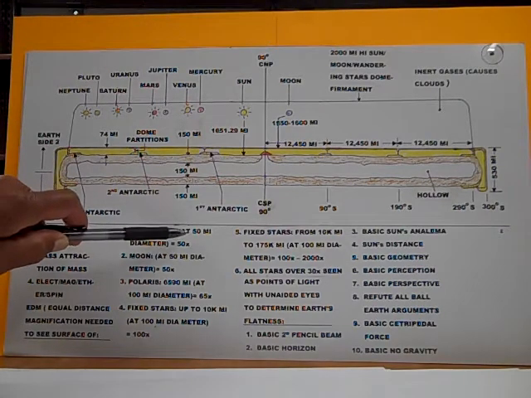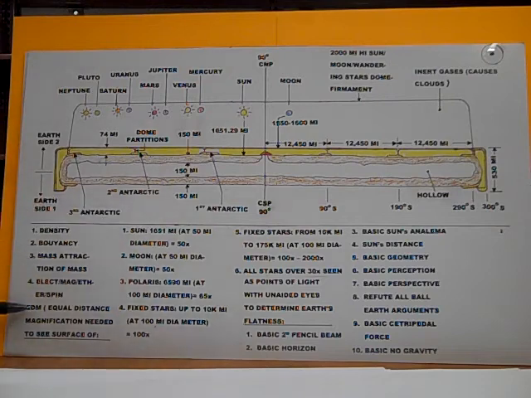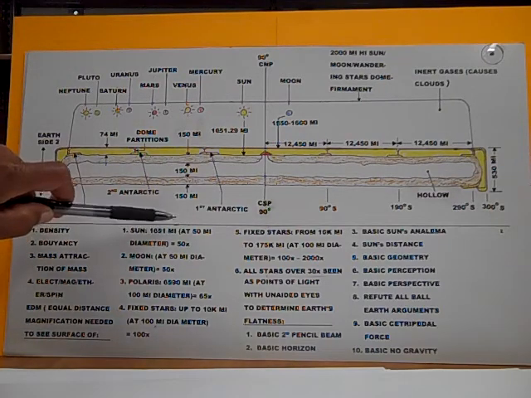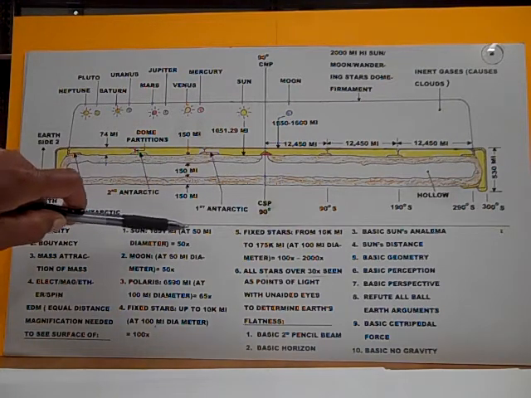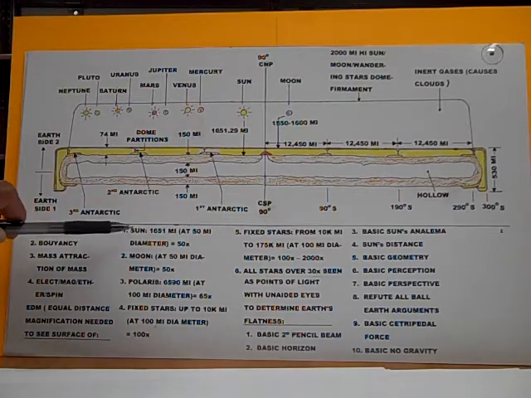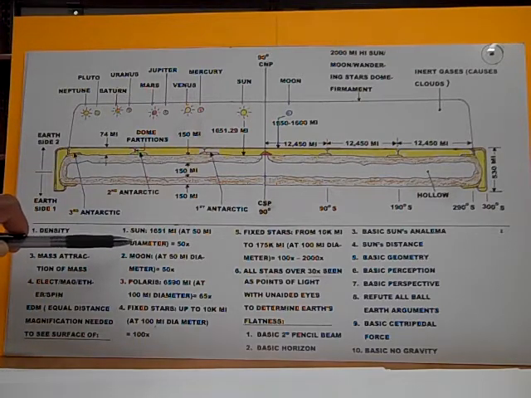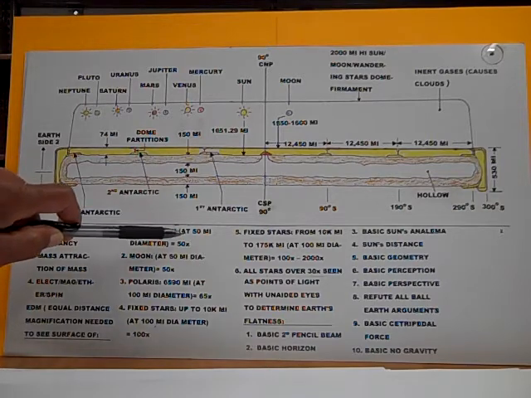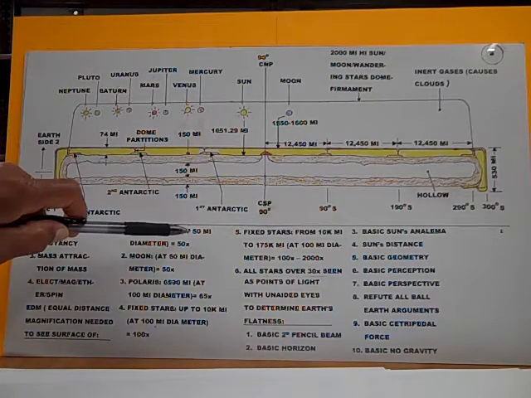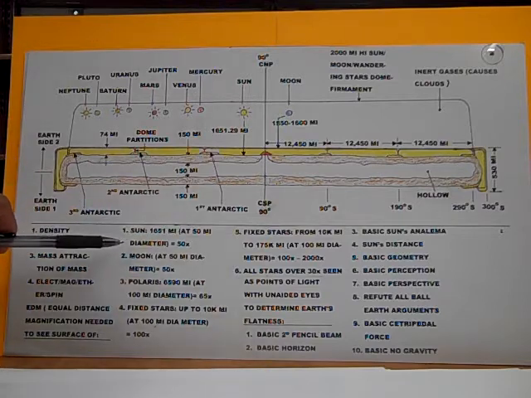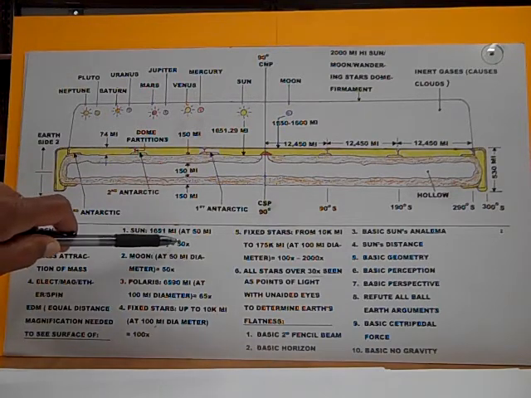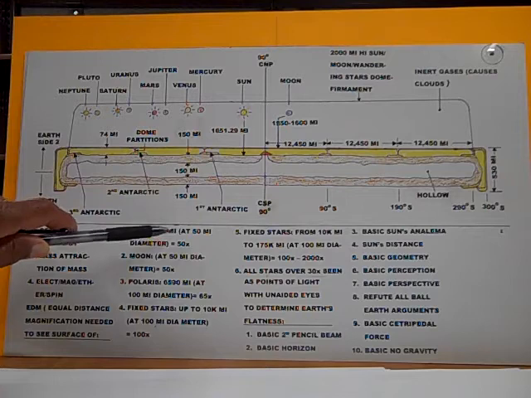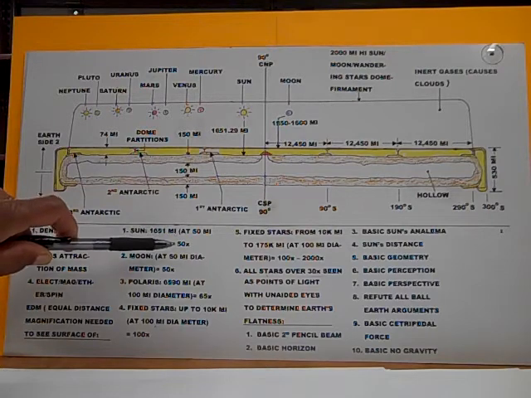Therefore, all that's needed at equal distance magnification is, if the sun were 50 miles in diameter, even though the sun is actually between 35 and 55 miles in diameter, but here 50 miles diameter is used, it only takes 50x magnification with a powerful camera.